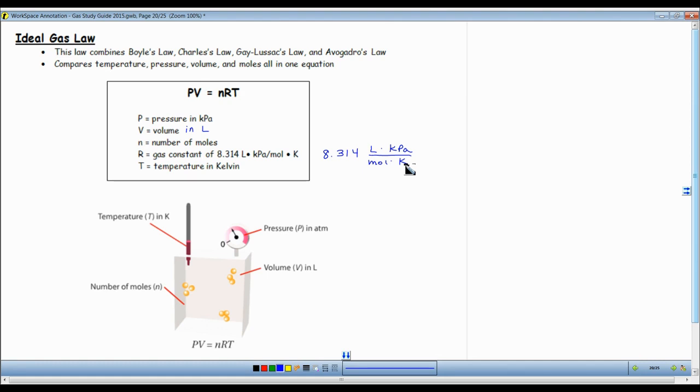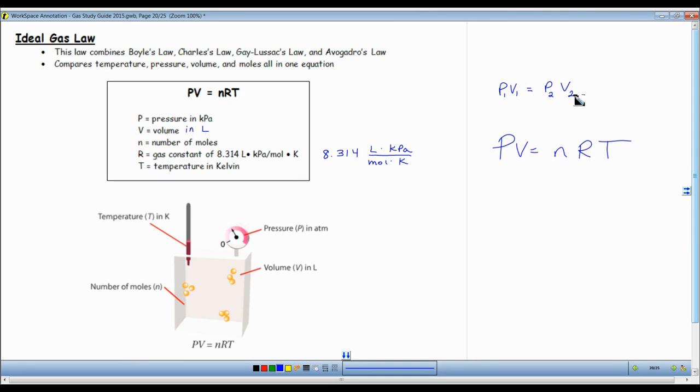Some cool things come out of PV equals nRT. Number one, all the little baby gas laws are hiding in here. So before, when we were looking at, let's say, Boyle's law, remember Boyle's law? P1V1 equals P2V2. And we said that you had to have a constant number of particles and a constant temperature.